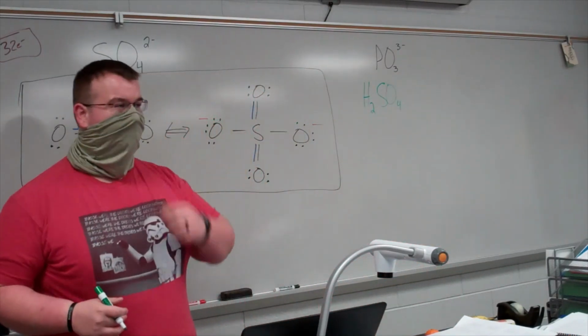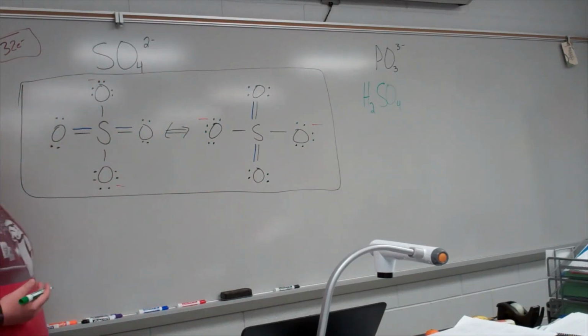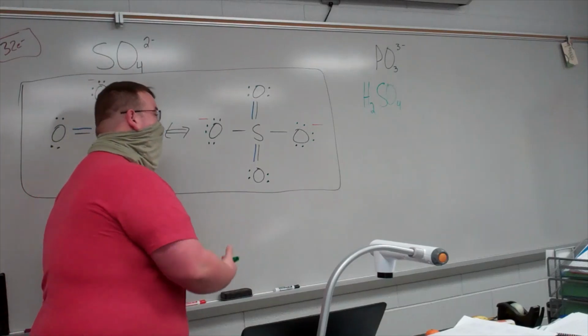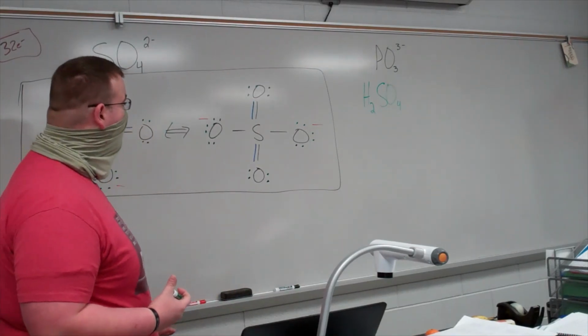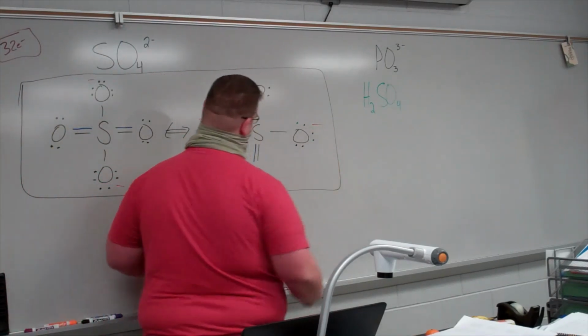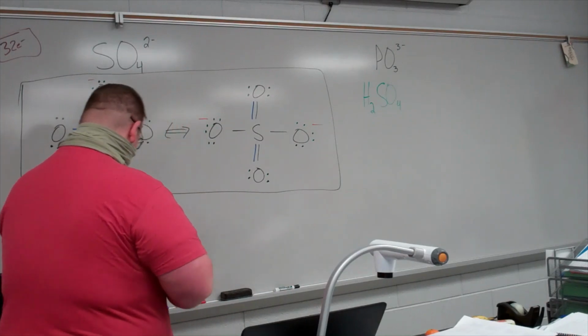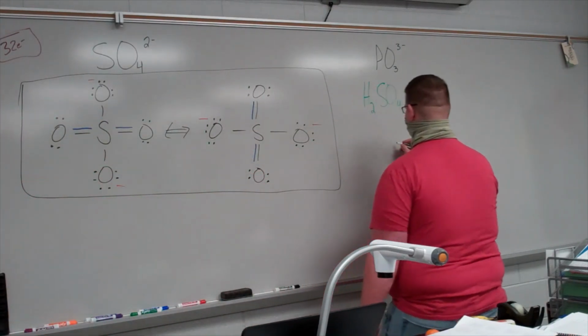In this case, if I asked you to give me a Lewis structure of this acid, here's the key. Where would the hydrogens bond to? The negatives tell you where to go. So you have the same exact thing.